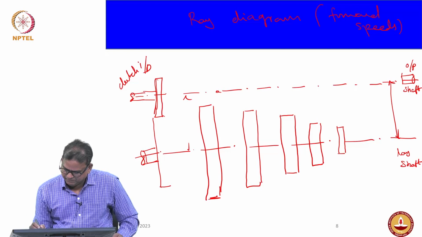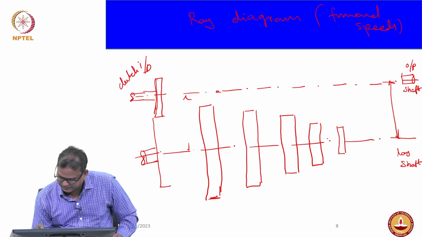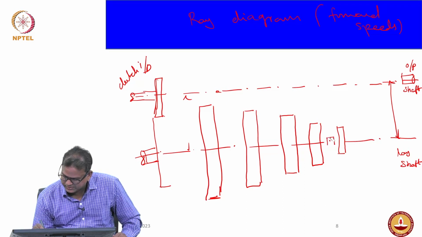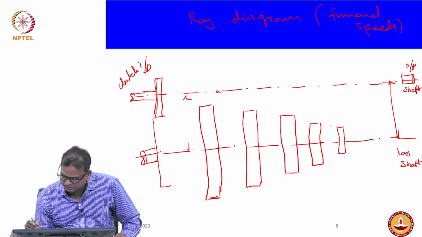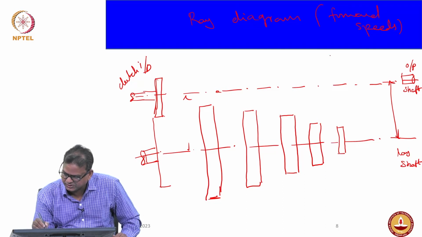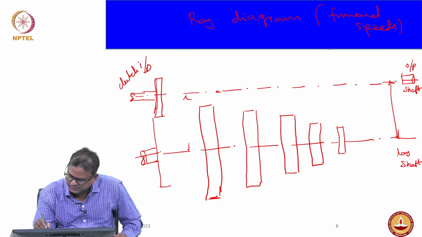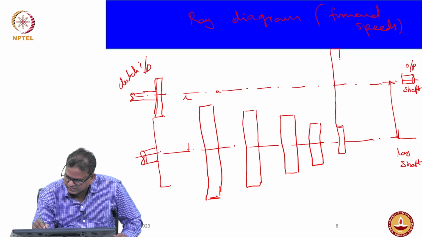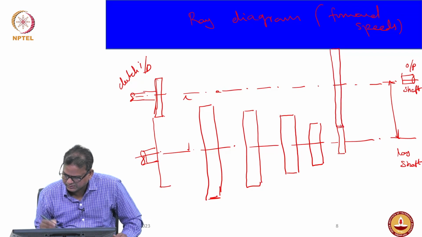So from here what I have done, this is my dog clutch arrangement. Usually the dog clutch arrangement will come at the output shaft. Let me finish this one.